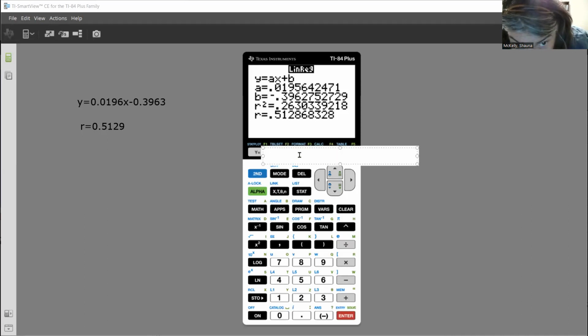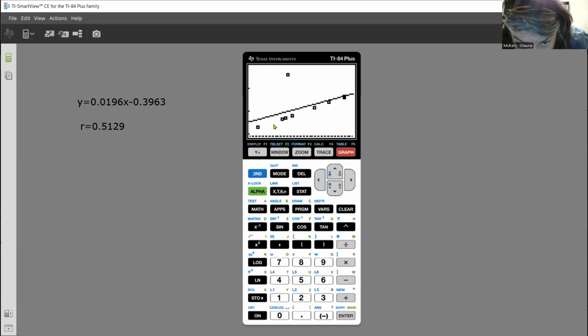If I go back to the line here, you can see that these points down here are closer to this line, and they're very close to a straight line. But this point being so far off is pulling that regression line off.